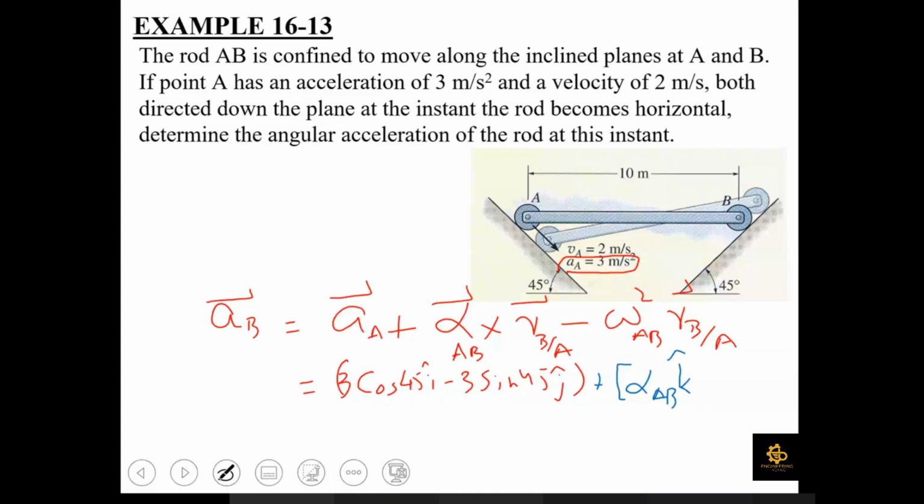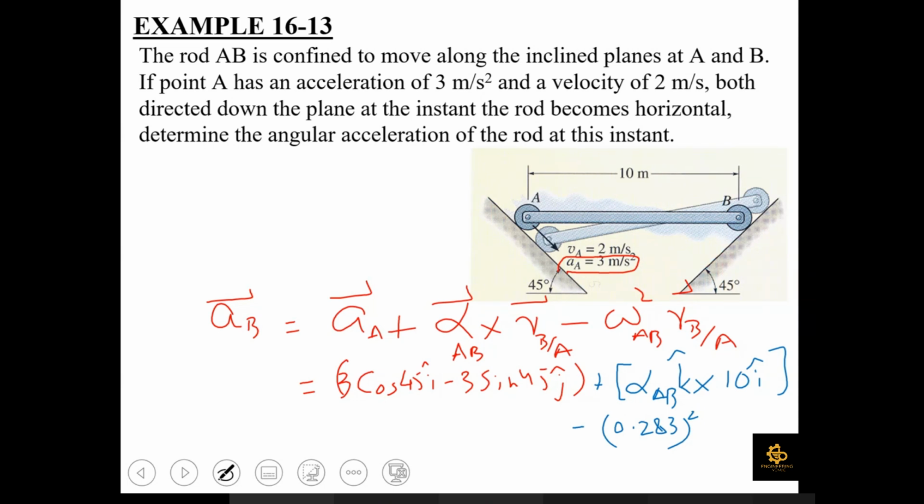Yes. Okay, what about RBA? We have already discussed it. It is basically 10I. So आपके पास alpha cross R ये हो जाएगा minus omega square R. So minus 0.283 जो हमारे पास omega की वैल्यू आई थी. अब यहाँ देख लीजिए, इस इक्वेशन में omega is basically scalar वैल्यू आपने इस्तेमाल करनी है. बाकी चीजें वेक्टर हैं.